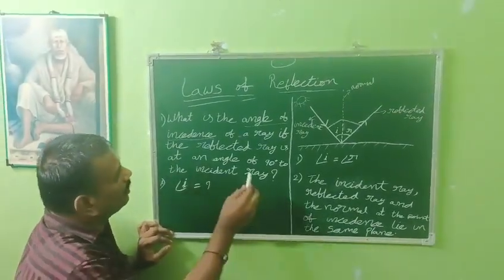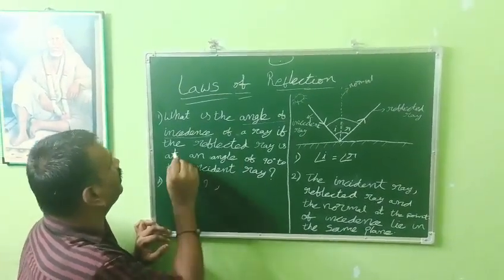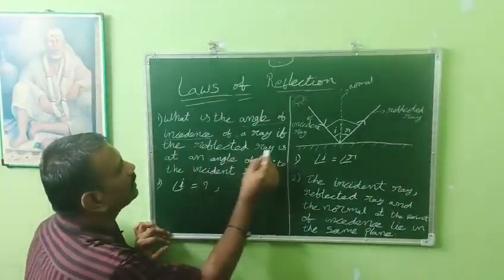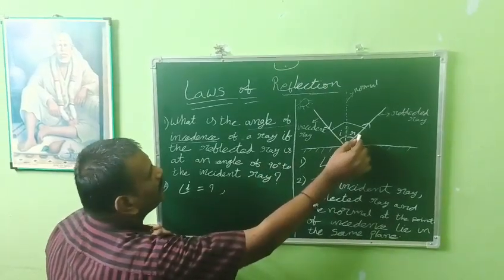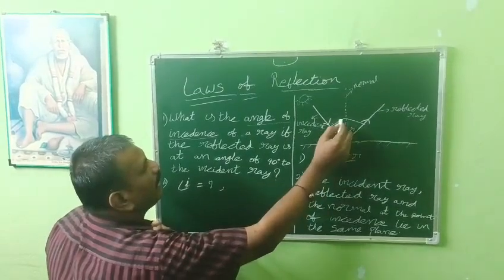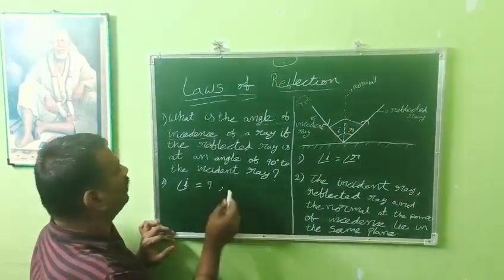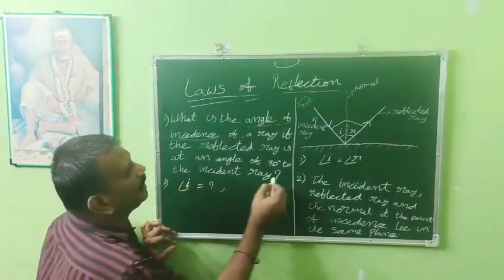Here he has given that the reflected ray is at an angle of 90 degrees to the incident ray.